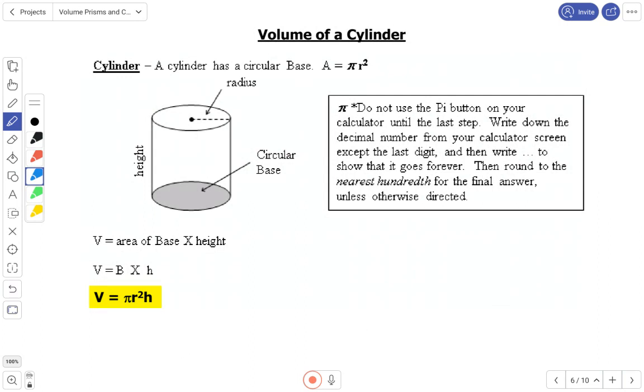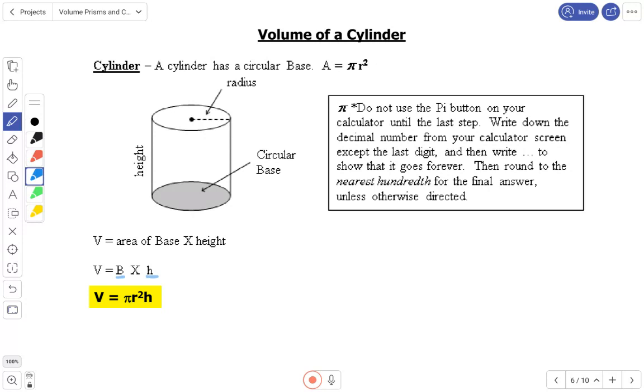Okay, the next shape that we're going to talk about is volume of a cylinder. So volume of a cylinder is where you have a base that is a circle. It's the same sort of thinking as when we were finding the volume of our prisms. If you find the area of the base and then multiply it by the height of the shape, you will find the volume.